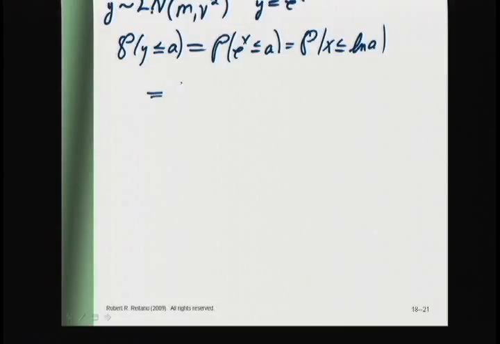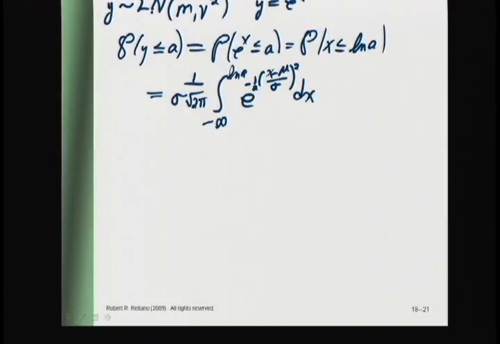This is, in fact, 1 over sigma square root of 2 pi, and then we have to integrate from minus infinity up to the log of a, the density function for the normal. And so that's equal to e to the x minus mu over sigma, squared, with a minus a half out here.